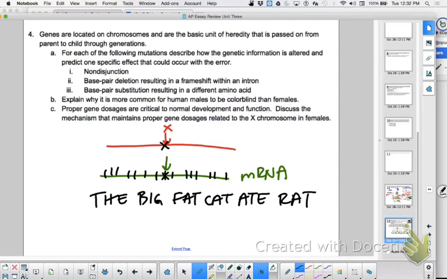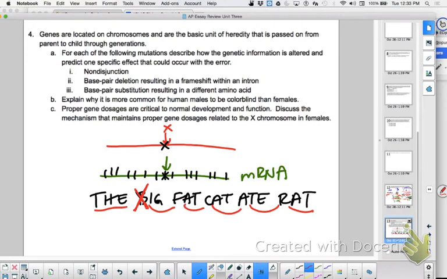So even if it's an intron that you're going to take out, if I take off a letter right here, now this first codon's fine, but instead of reading the big fat cat ate rat, now it reads the igif attic adapter at. Do you see how it throws all of them off? That's a frame shift mutation. All of them are screwed up, even though it happened in an intron, because I'm removing that part, it's throwing all of them off. Okay?